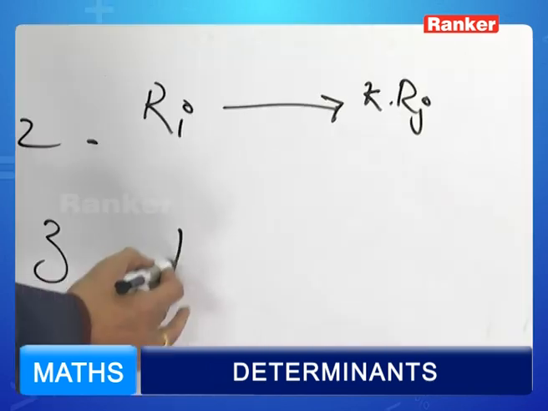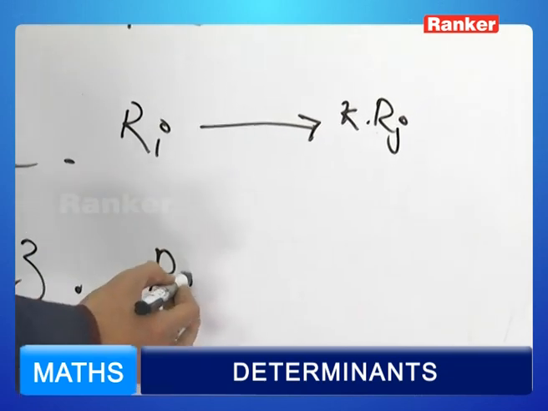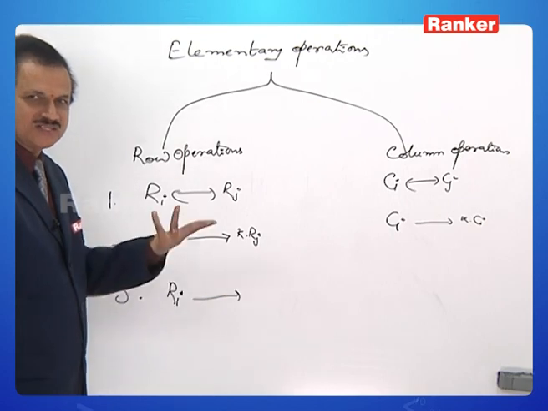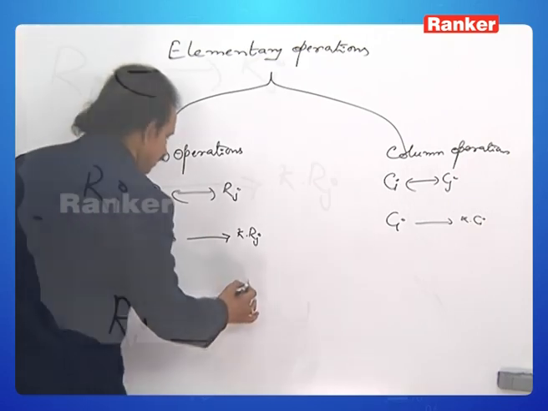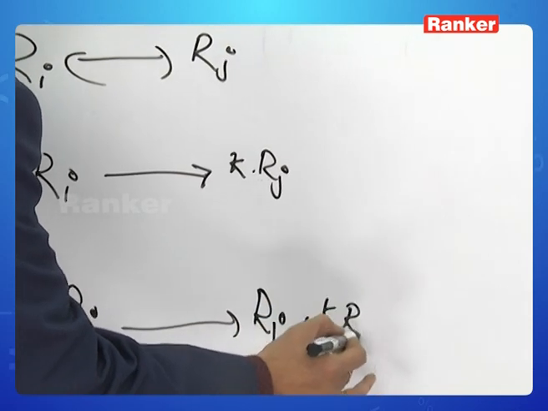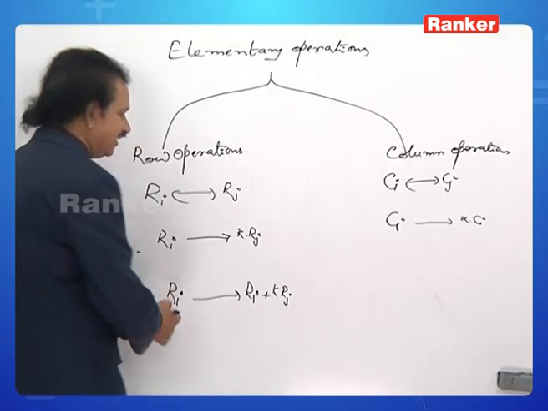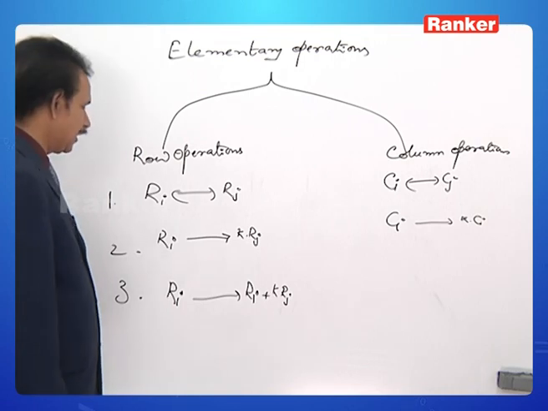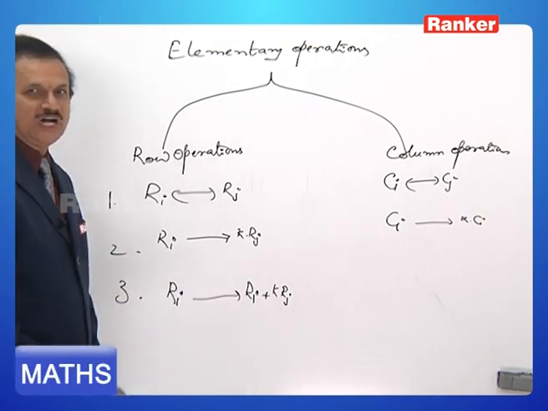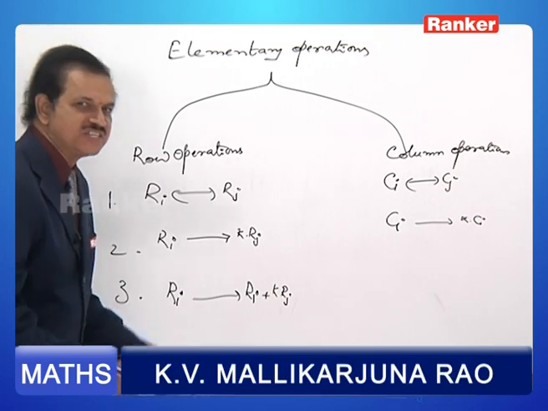The third one, Ri is changed. Ri in the sense ith row is changed. How does it change? To the elements of ith row, k times the elements of jth row are being added, isn't it? Jth row remains as it is. What is the row going to be changed here?